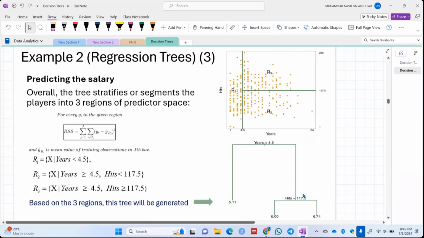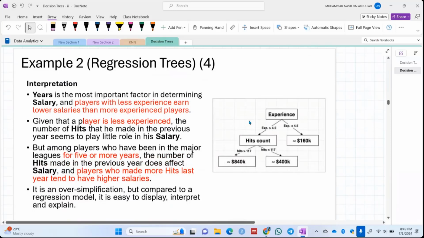This way of interpretation is quite easier compared to linear regression and logistic regression. It's the same explanation as previous. Let's look at this one. The first variable that splits the whole node is considered a very important variable, years of experience.